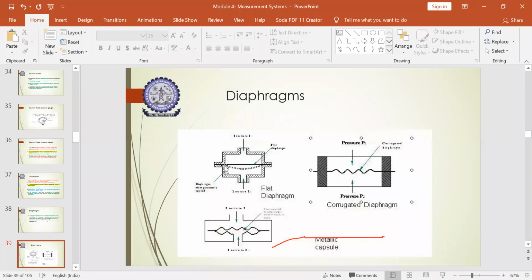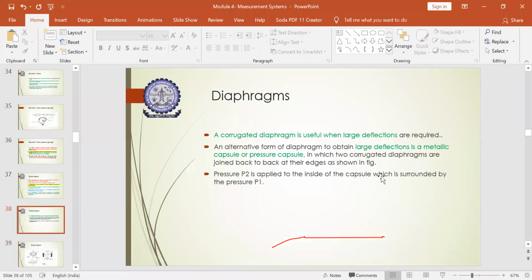This diaphragm is flat, and here the diaphragm is not flat, it is corrugated. If it is in the form of a capsule, you call it a metallic capsule. It is just corrugated here, so you call this a corrugated diaphragm. But all these elements will be elastic bodies in nature.